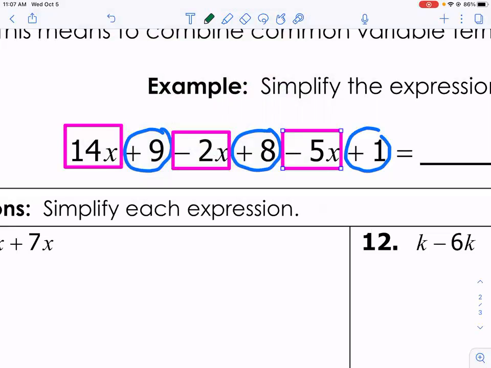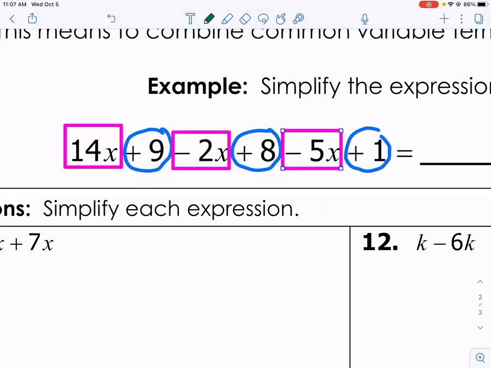Is it cool that we just took these and rearranged them? Yeah, it's totally cool. I'm not going to give you scissors every time, but that's what I want you to do.